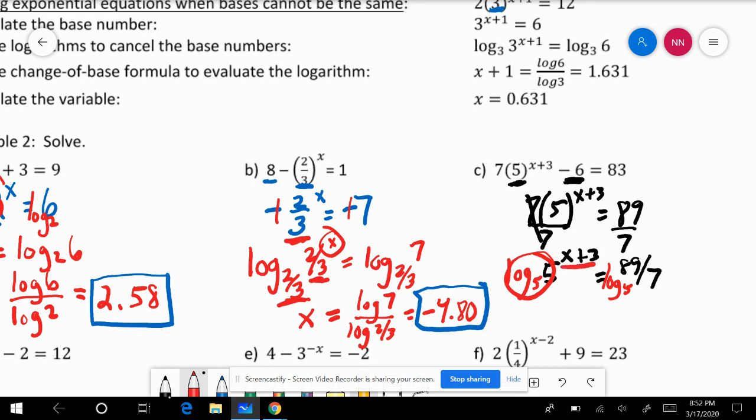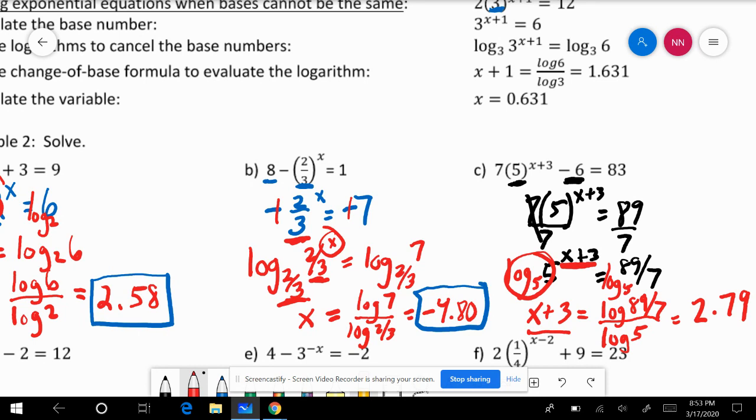So we have our exponent by itself, and that gives us x plus 3 is equal to, with the change of base formula, the log of 89/7 divided by the log of 5. When we plug that into the calculator, we get 2.79.